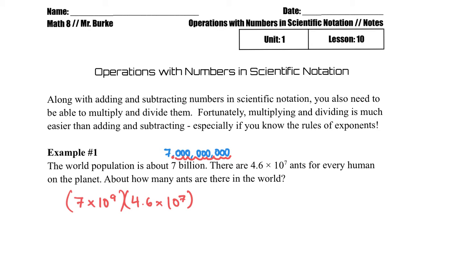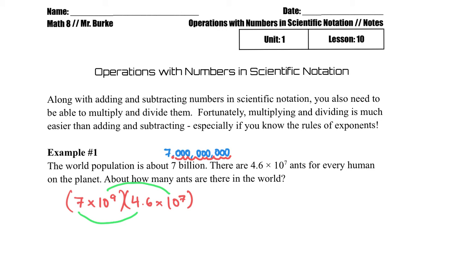So this is the Earth population in scientific notation, and this is the number of ants per person. Now all I need to do, just like when we did exponents way back when, is multiply the front part, 7 times 4.6, and then multiply 10 to the 9th times 10 to the 7th.